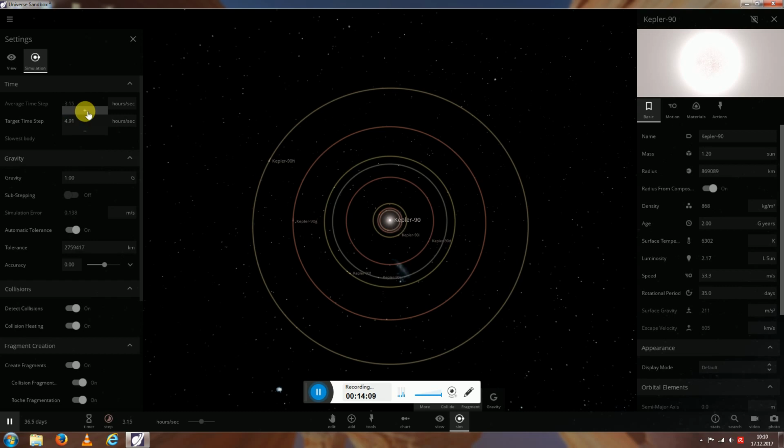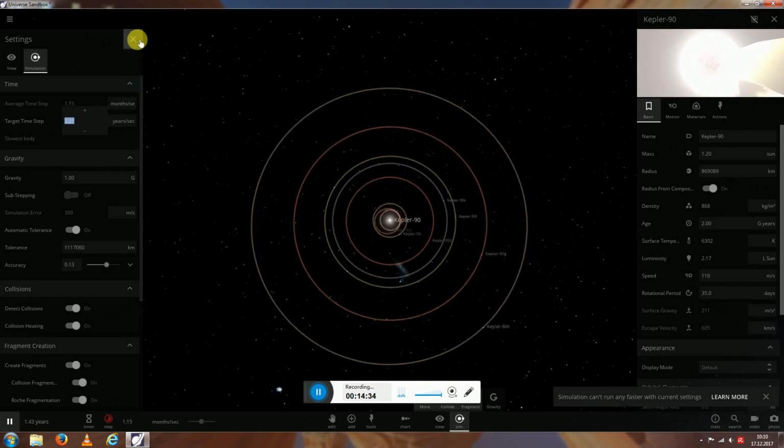You see, their orbits are relatively stable over long periods of time, so I just wanted to see quickly what would happen if I were to speed it up, if their orbits will remain stable for that long.